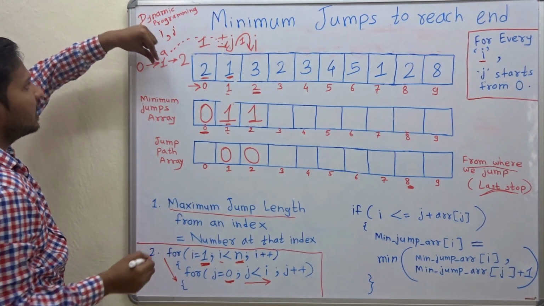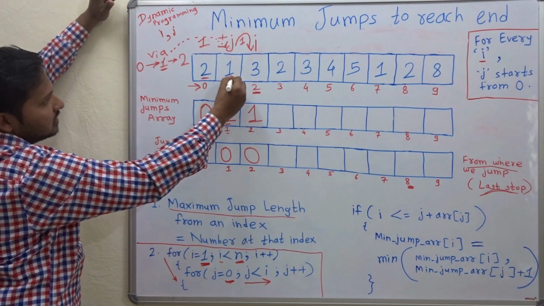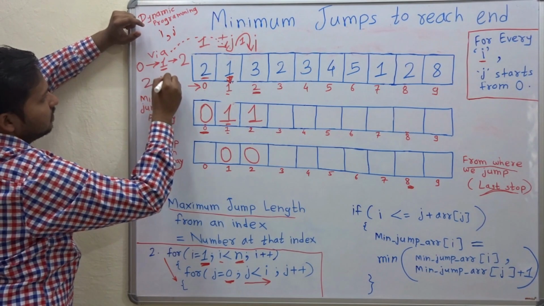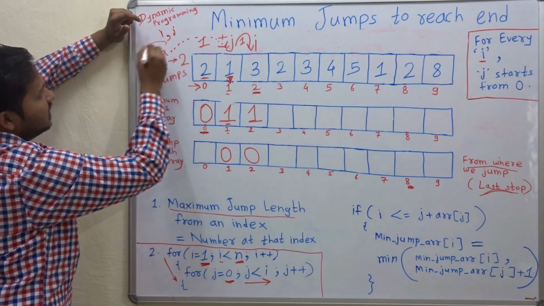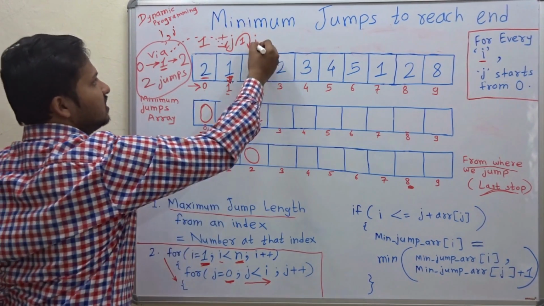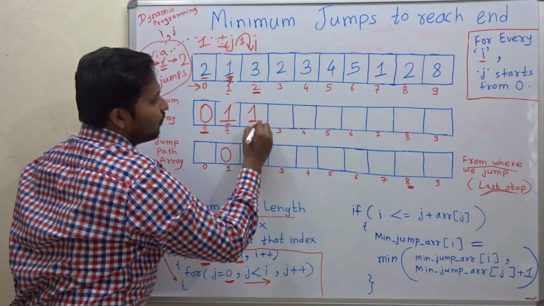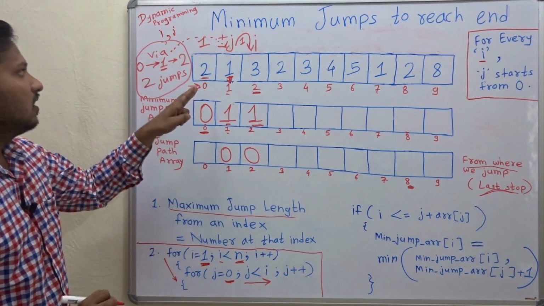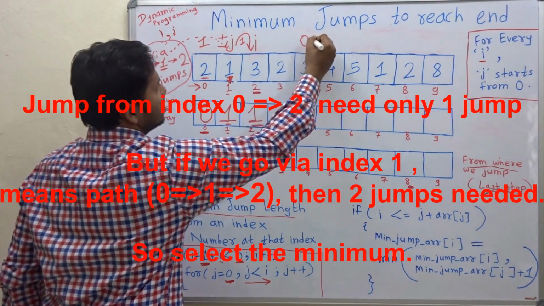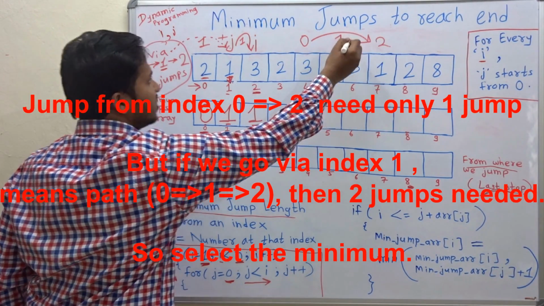So if you go via the first index, then you need 2 jumps to reach I. But here there is already an option of one jump: if you directly jump from 0 to the second index, you can go with only one jump.